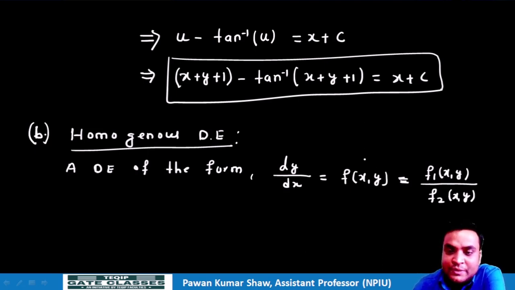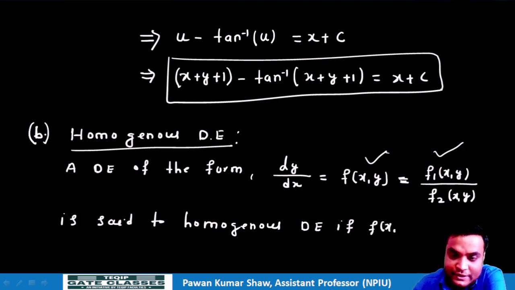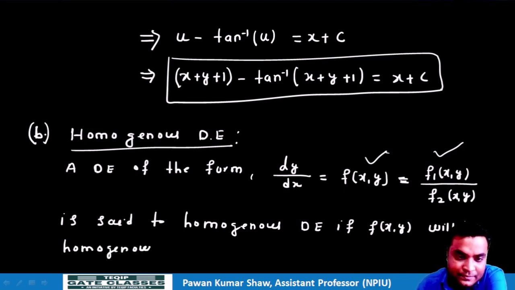So the differential equation may be in this form or in this form. Remember that this is the homogeneous differential equation for first order differential equation. It is said to be a homogeneous differential equation if f of x, y is a homogeneous function of degree 0.